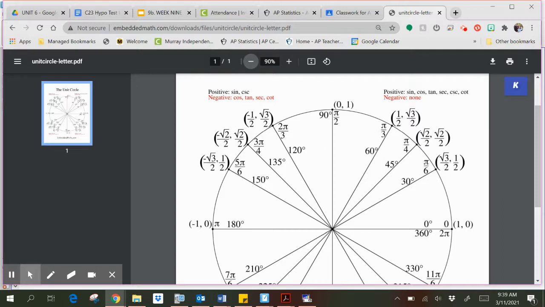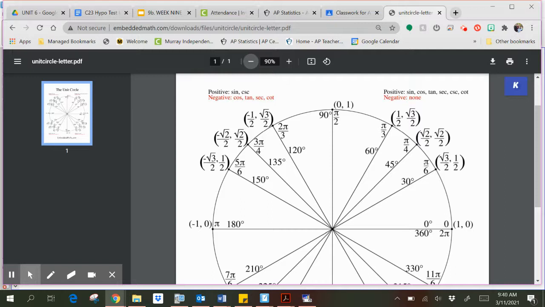It's just the inverse, right? So if sine of pi over 6 equals 1/2, arc sine of 1/2 equals pi over 6. So it's doing the opposite. If you're asked for the arc sine, that's not the reciprocal, right? It's the inverse. So you're given the y value of the coordinate, and you're looking for the radian measure that corresponds to that.